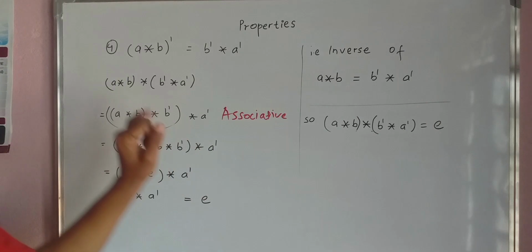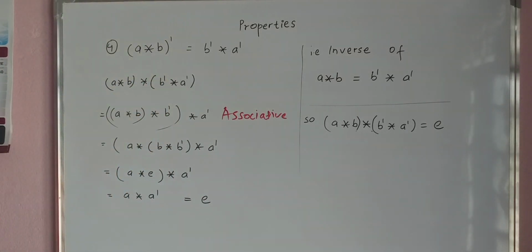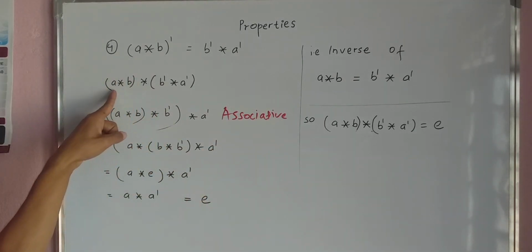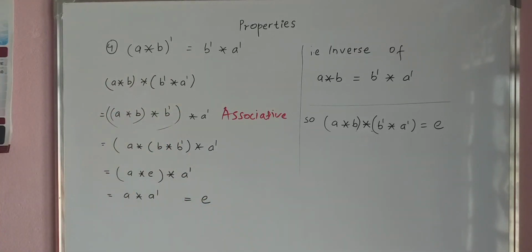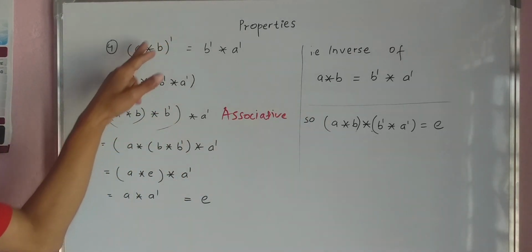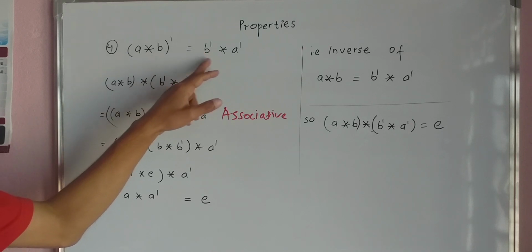So we have ab asterisk the inverse of ab. By continuous application of the associativity property, we get ab asterisk b inverse a inverse equals e. Therefore, the inverse element of ab is b inverse a inverse.